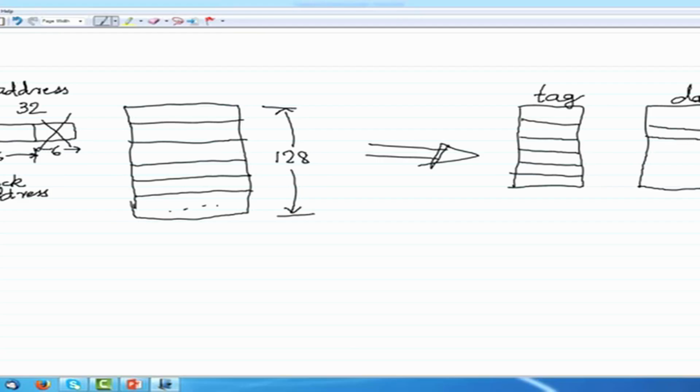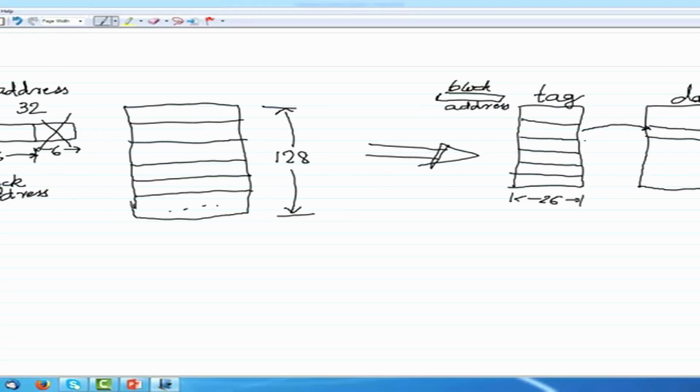So what we need to do is compare each tag with the block address, which is 26 bits. So the tag also needs to be 26 bits because it also needs to contain the address of the block whose contents are in the data array, right? So we compare the block address that we get with each and every entry of the tag array.